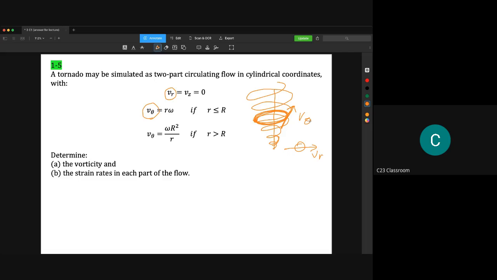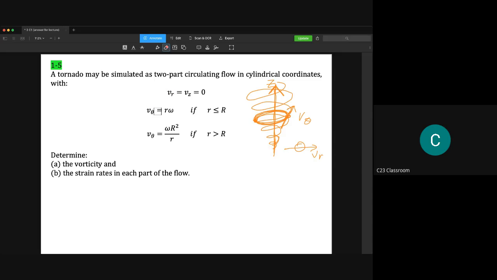You may refer to the cylindrical or polar coordinates. So a molecule here has no VR, meaning no velocity along the radial axis, and also no Vz. Vz here is this axis. This is just to simplify the calculation here.